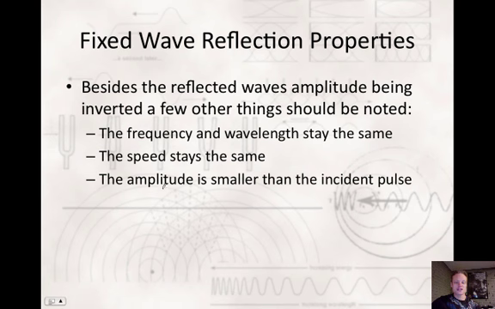The only other change is the amplitude is a little bit smaller than the incident pulse. So if I draw an incident pulse traveling to a pole, and it hits this pole and starts to reflect back, remember it's going to be inverted, and the amplitude will be a little bit less than this one up here.